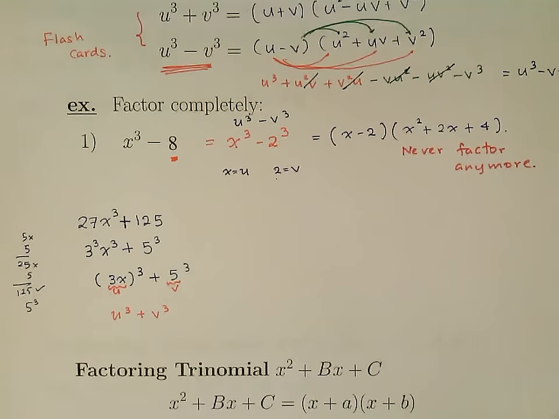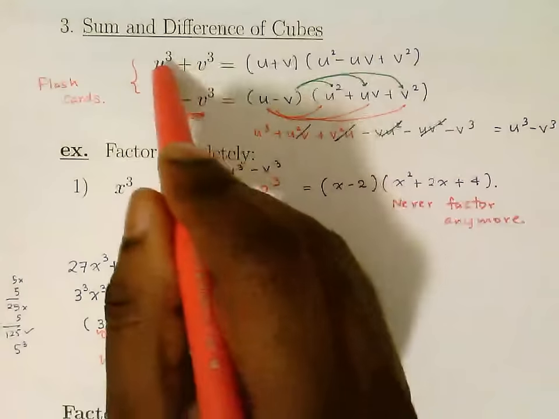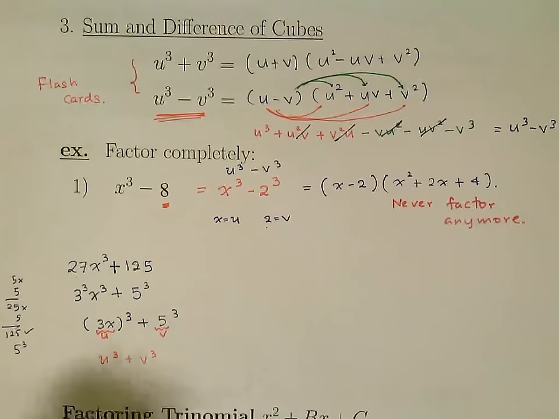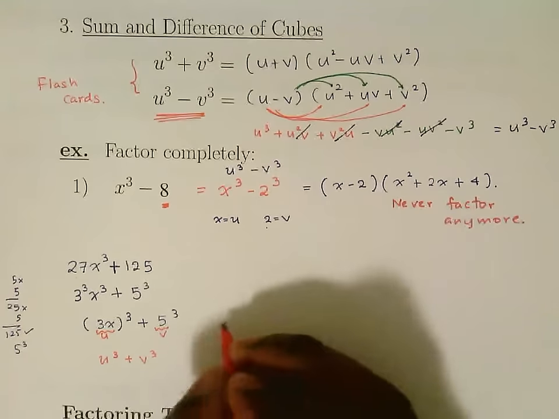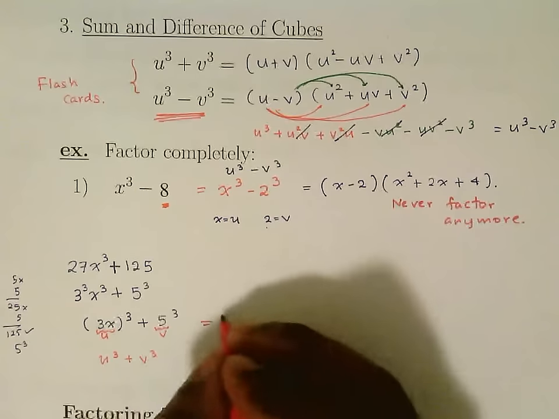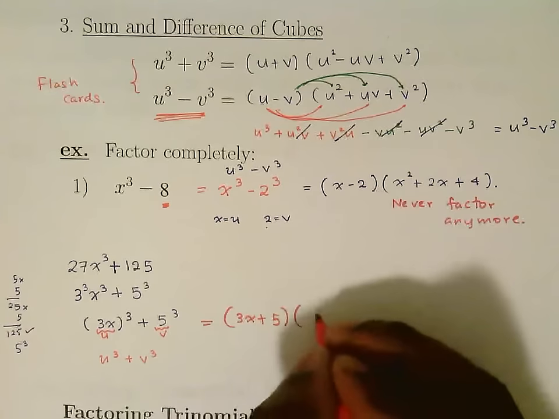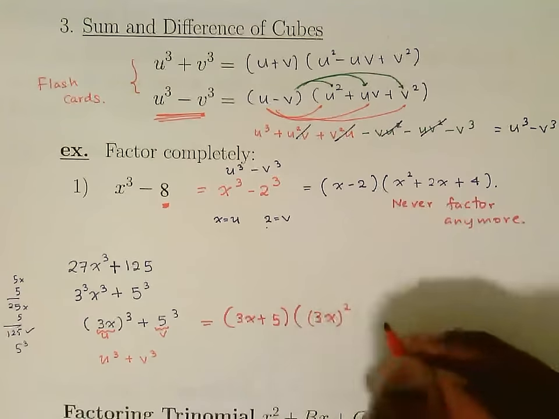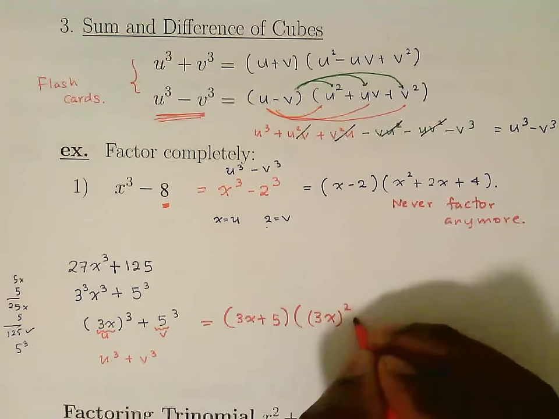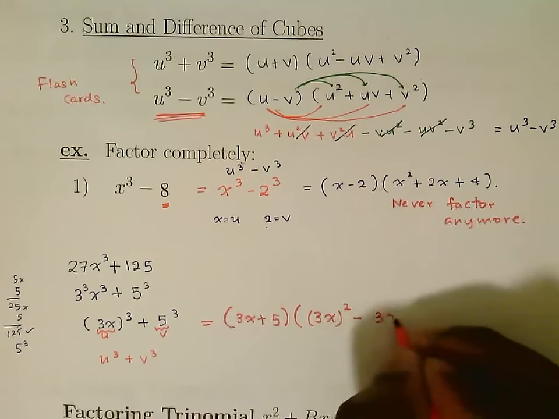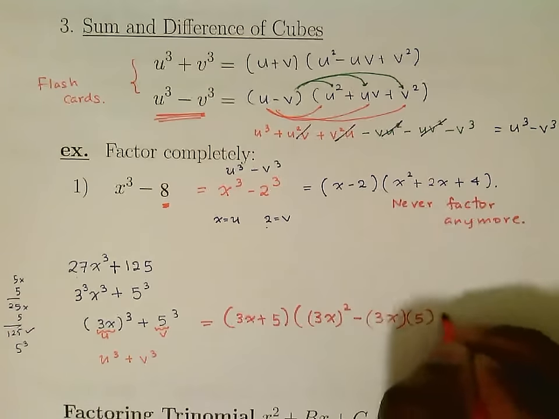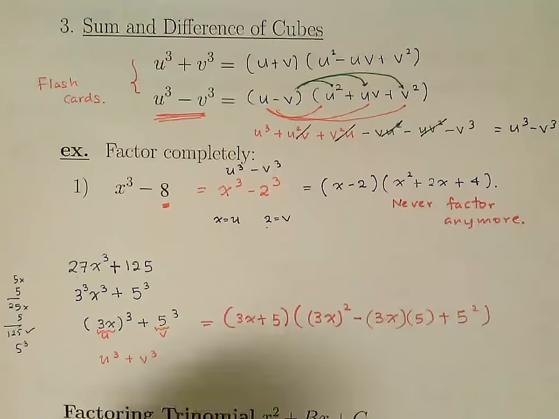By applying the formula u cubed plus v cubed, you can get 3x plus 5 times 3x squared minus 3x times 5 plus 5 squared.